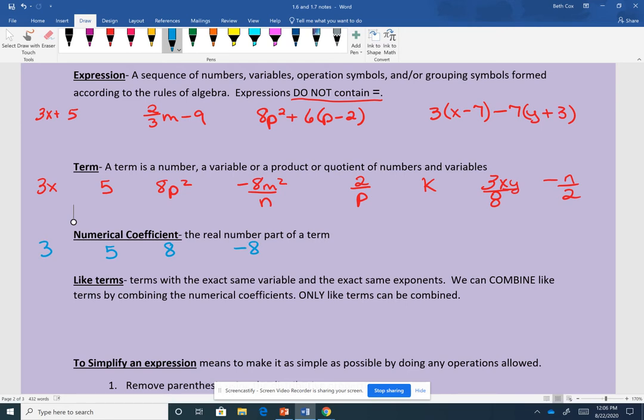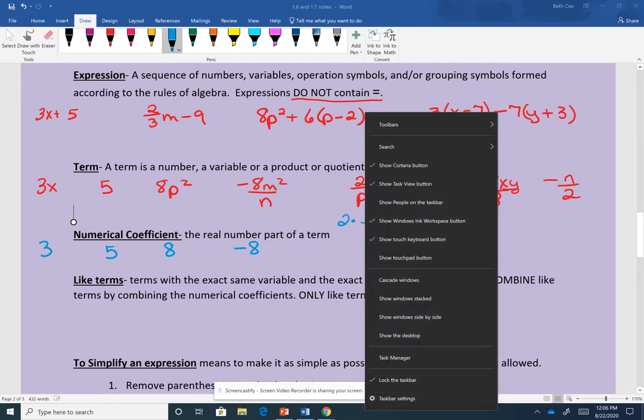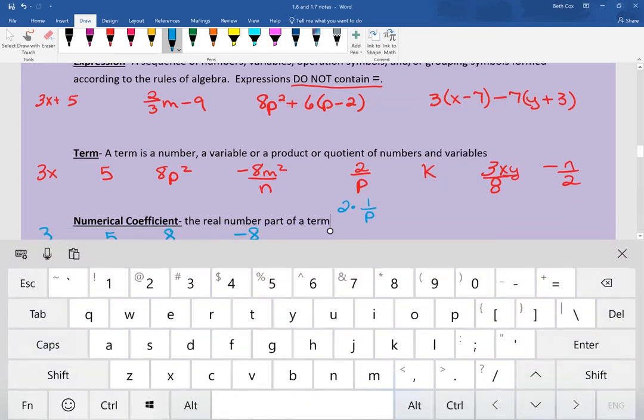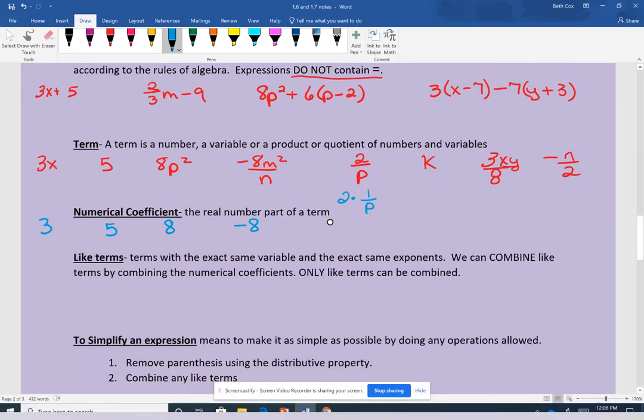For this one, kind of tricky. This is technically 2 times 1 over p. So the numerical coefficient would just be 2. This one, k, is technically 1k. So the numerical coefficient would be 1.